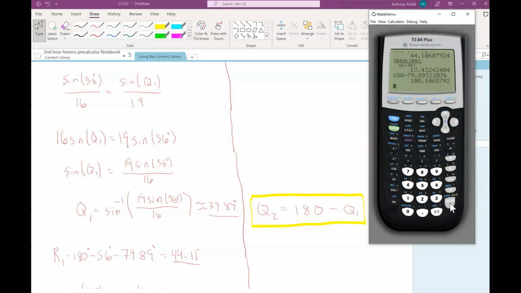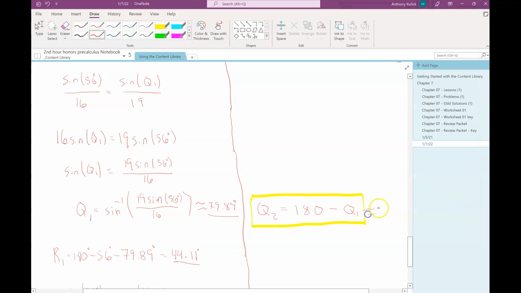So 100.11. Woo! That's pretty easy, right?